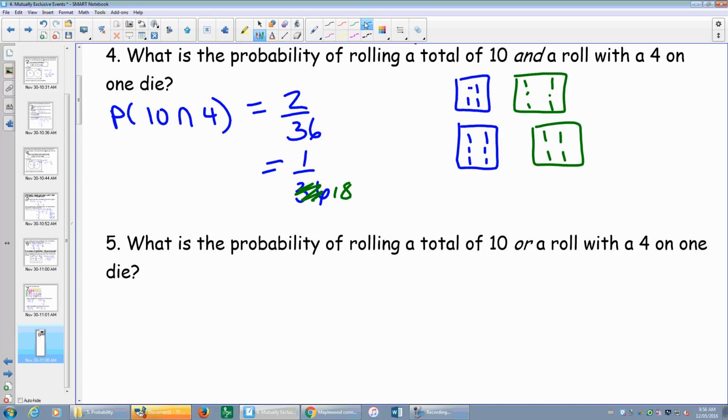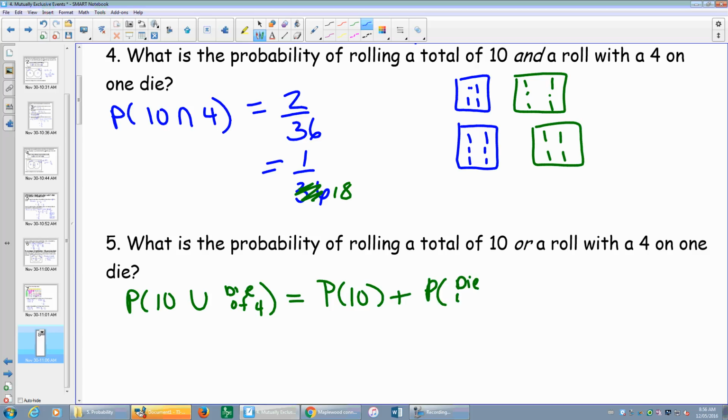So as soon as you see this OR case, I would write this out: what's the probability of rolling a 10, plus the probability of having a die of 4, minus the probability of a 10 and a die of 4.